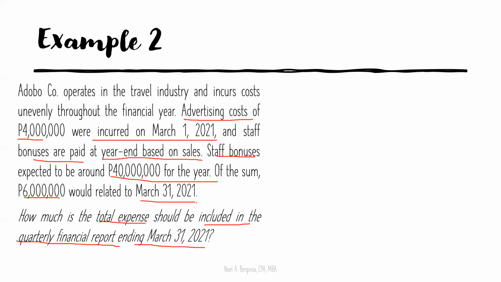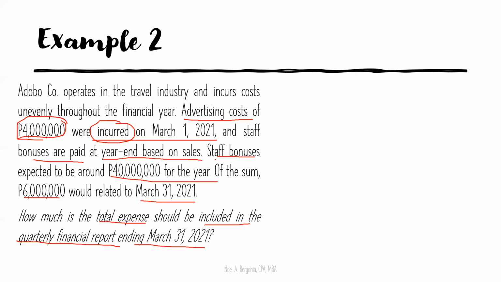So for the quarterly financial reports, what we need to get is of course the advertising cost of 4 million. Aren't we going to spread it out over the year? Actually no, because it was stated as incurred, and we are not sure up to how many periods it will benefit, so we immediately recognize the advertising costs.